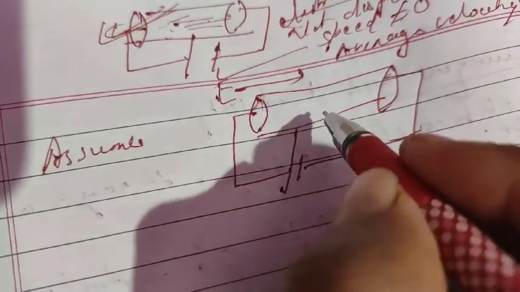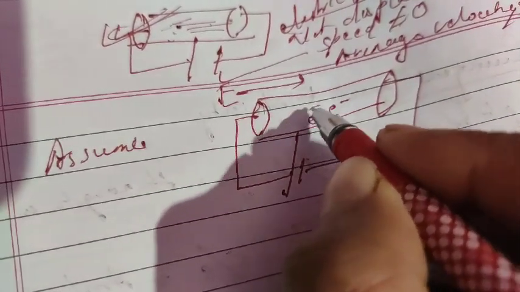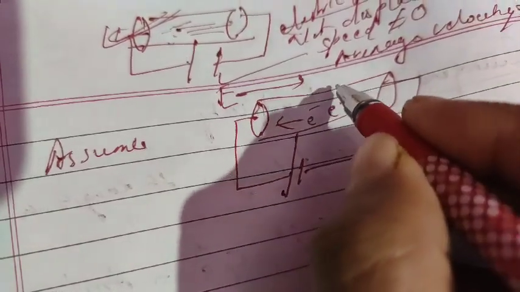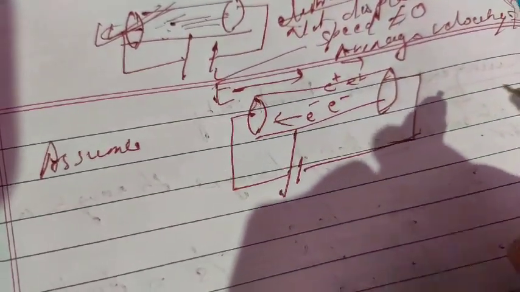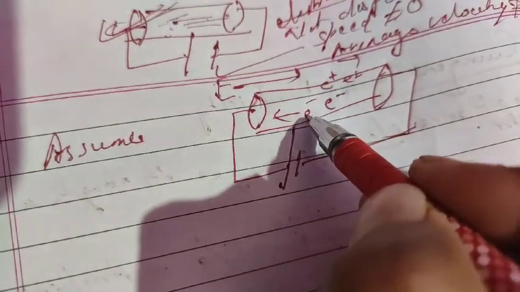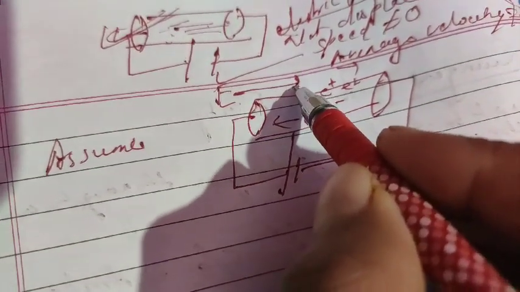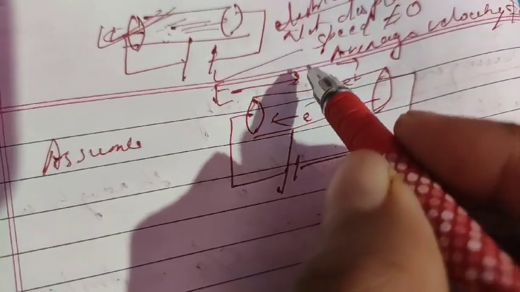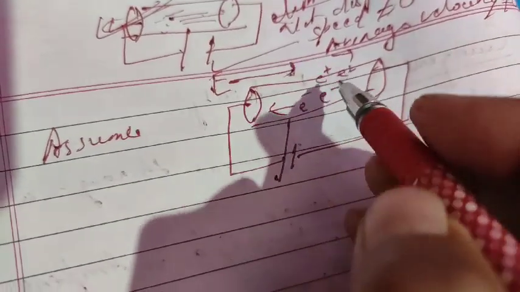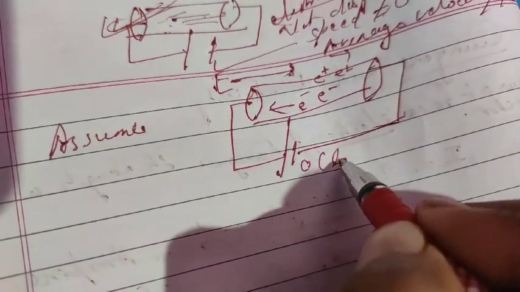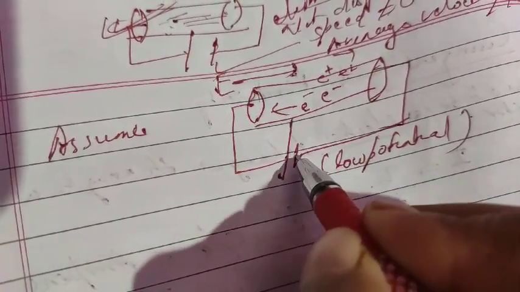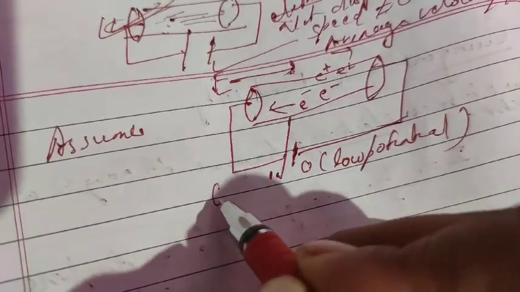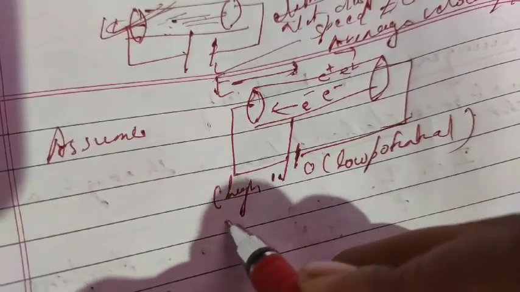So the electron will move like this and the positron will move like this. Clear to you? So the direction of electron is always opposite to the direction of electric field. Now you assume 0 as low potential, means the negative part, and this as high potential.